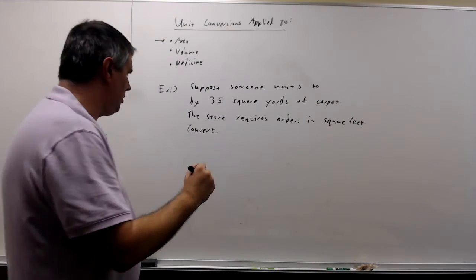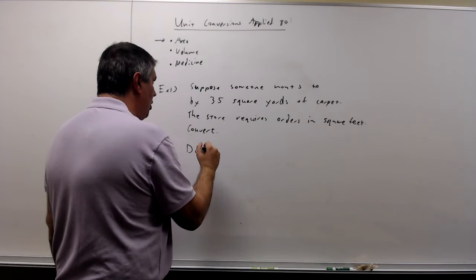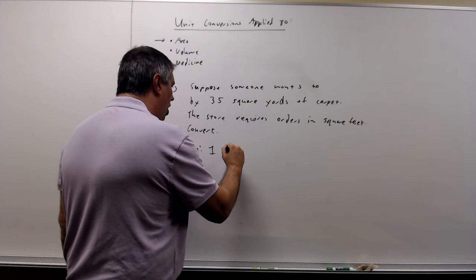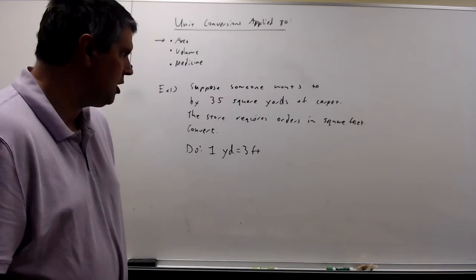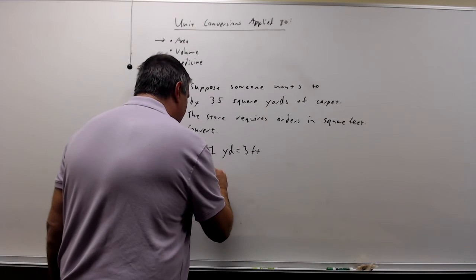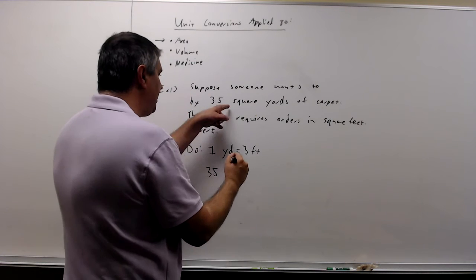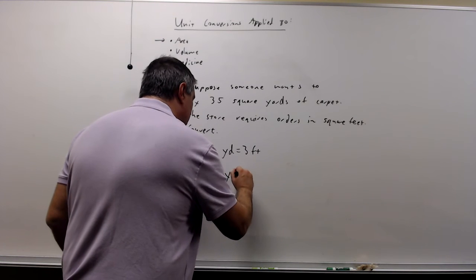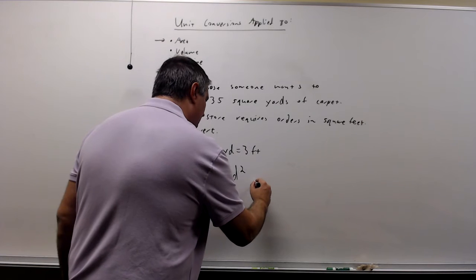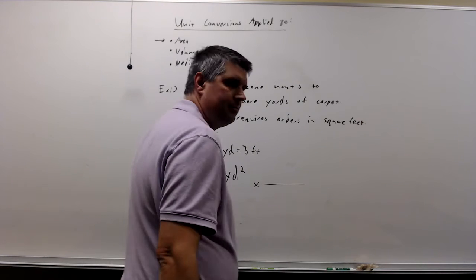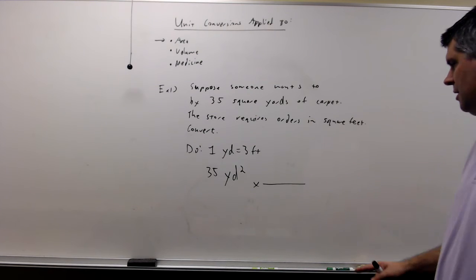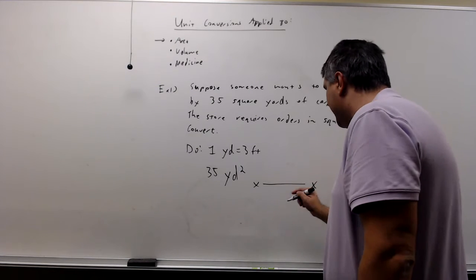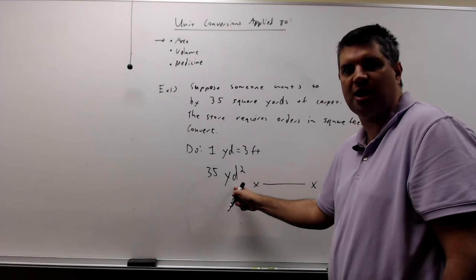Okay, do. 1 yard equals 3 feet. So what we have is 35 square yards. That is yards squared times... Because that is square yards, that is yards times yards.